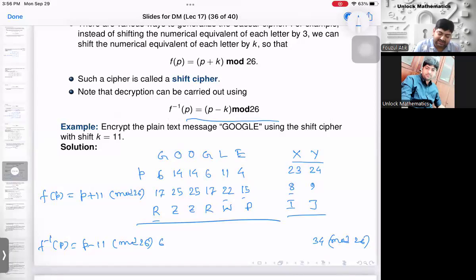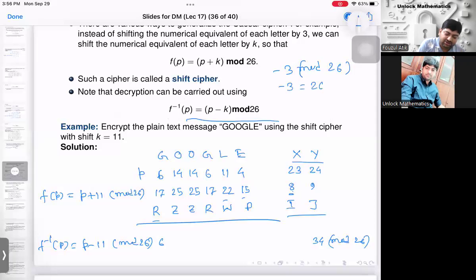Same way, I is the secret message, so how to get back the original one? I is 8, so f inverse of P is 8 minus 11 mod 26. What is minus 3 mod 26? We all know the remainder should be non-negative and less than 26.